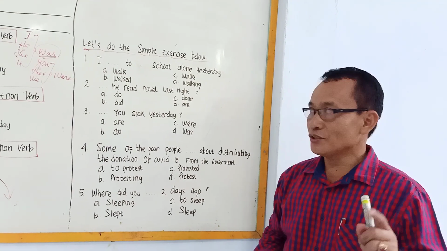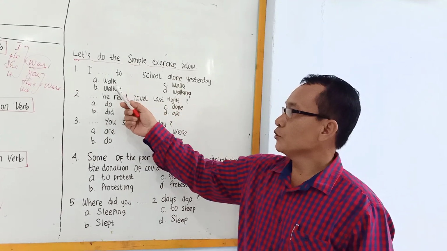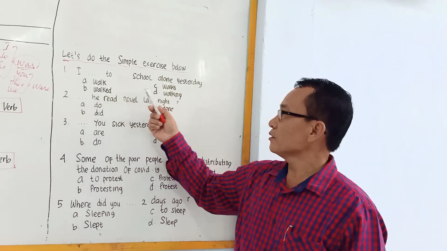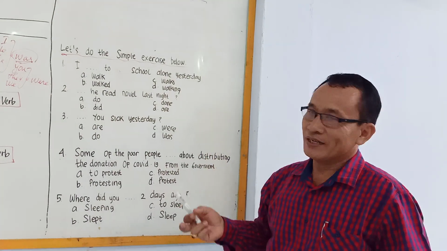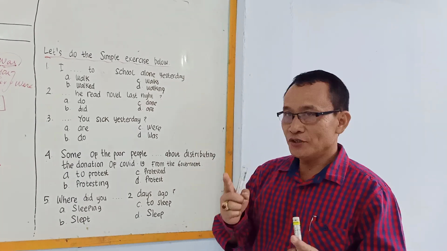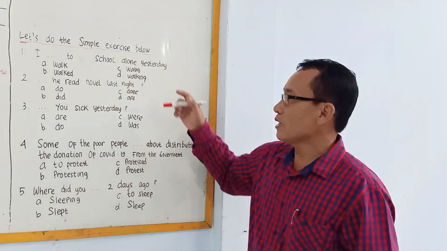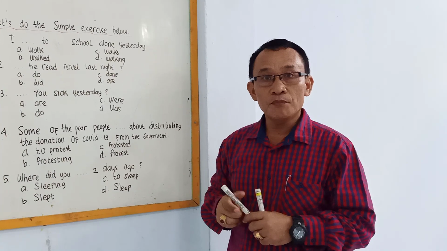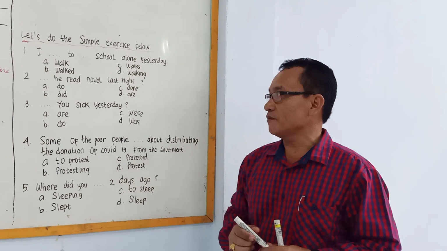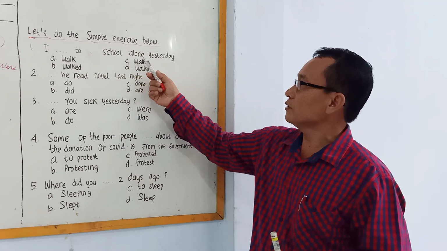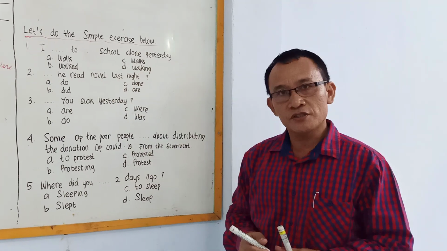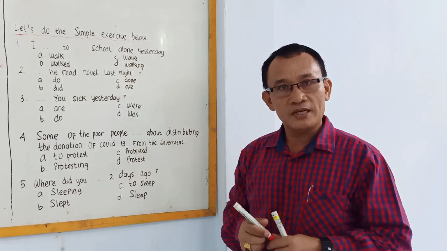You can choose the choices here. Walk, walked, walks, walking. Which one? Remember, the first thing you have to remember is whether the sentence is positive, negative, or interrogative. I blank to school alone yesterday. Of course, you can see that the sentence is positive, right?